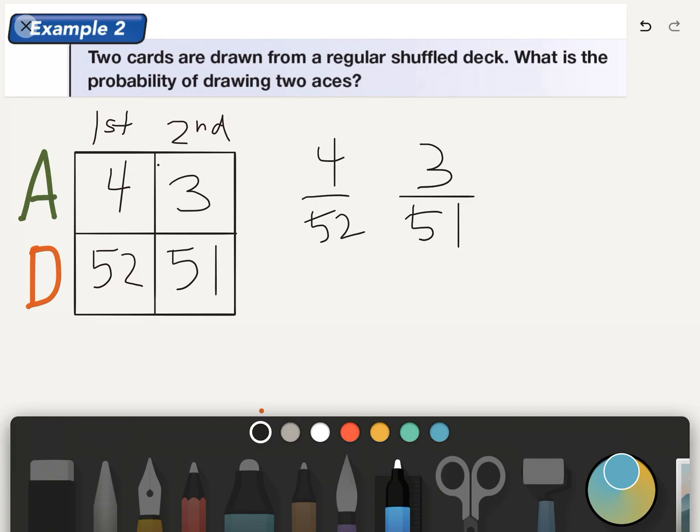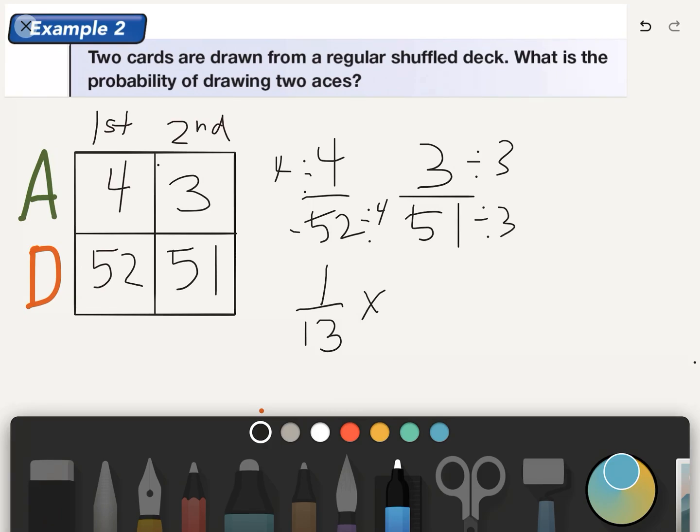And, you know, if we can reduce the first drawing, we can reduce this fraction to 1/13 by dividing the top and the bottom by 4. And then we can divide both these sides by 3.